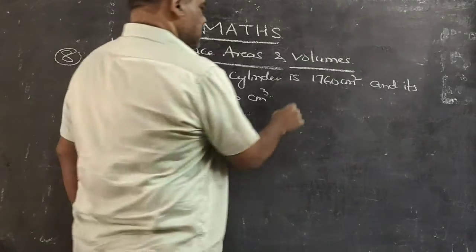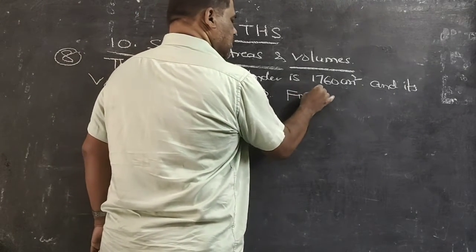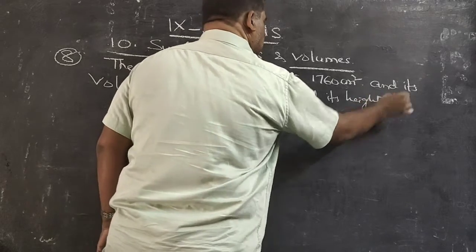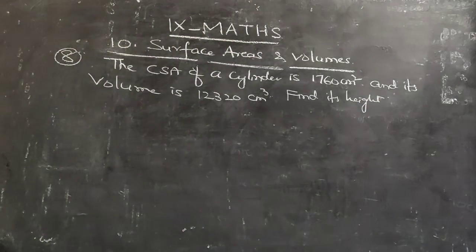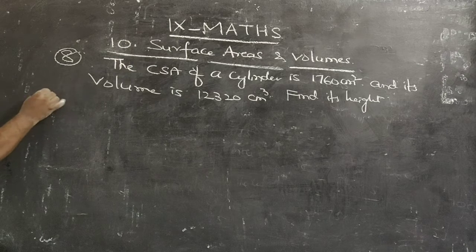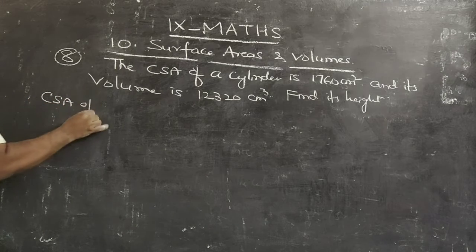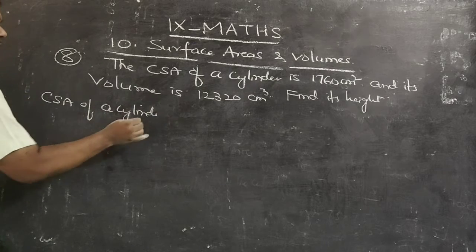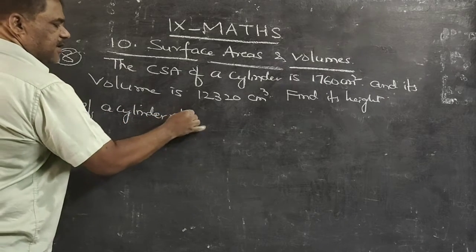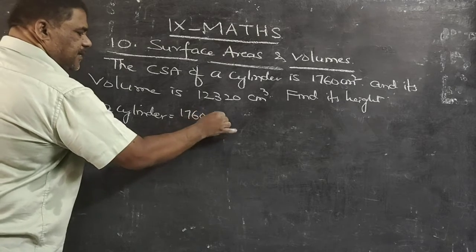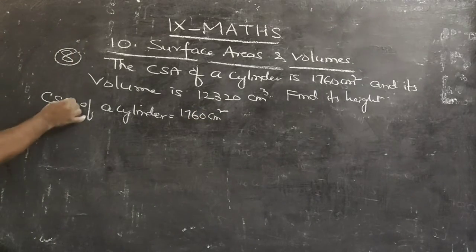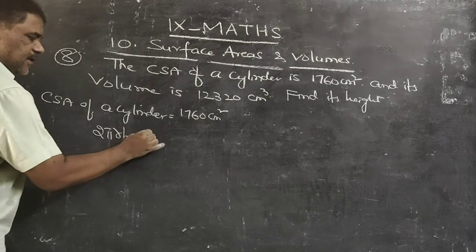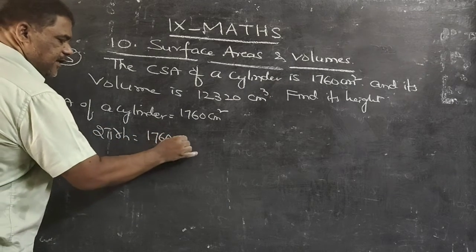Find its height. So first, CSA of the cylinder is given as 1760 centimeters square. CSA of a cylinder formula is 2 pi r h, that is 1760 centimeters square.